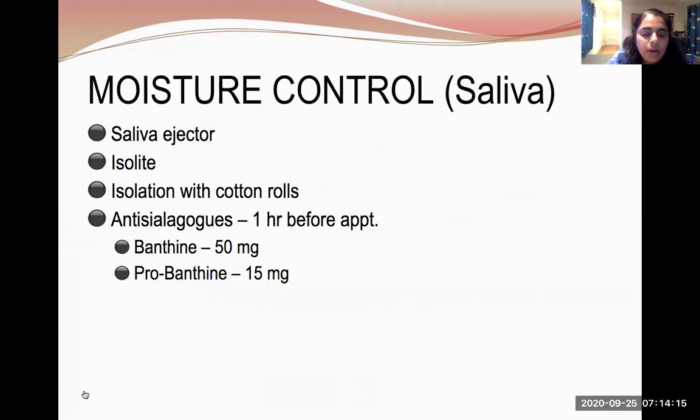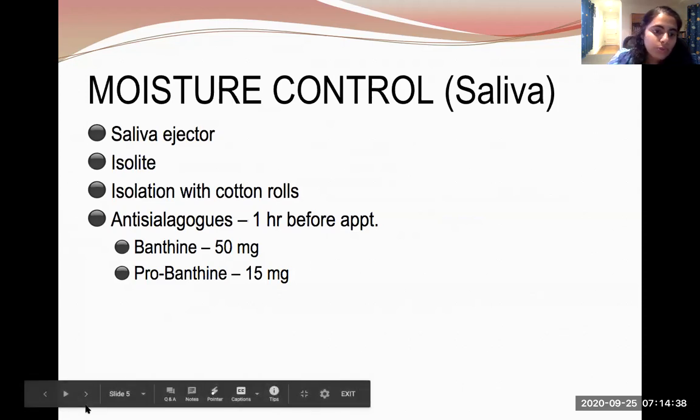These are to be administered to the patient 1 hour before the appointment. Personally, I have never used anti-sialogogues, but it's good to know if it's really hard to work on a patient with existing moisture controlling techniques, and sometimes the isolite is not comfortable for the patients and they gag. So it's good to know about, just like another thing that you can use if you know that the patient has too much saliva and is hard to work with in general.